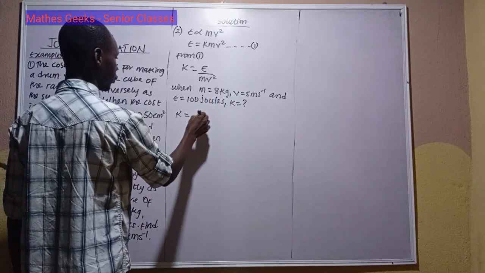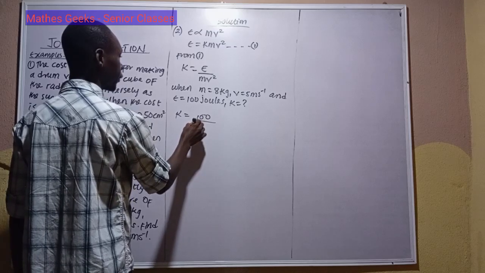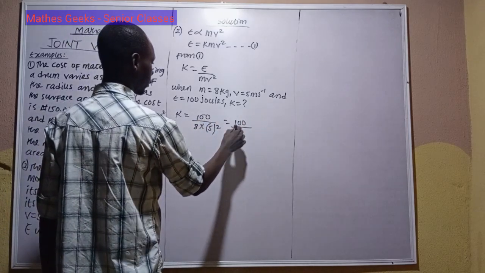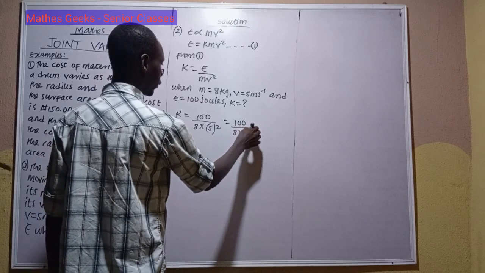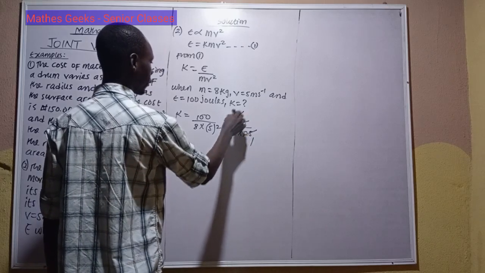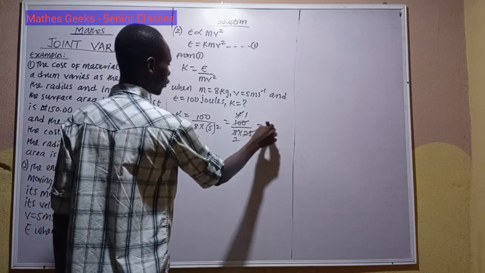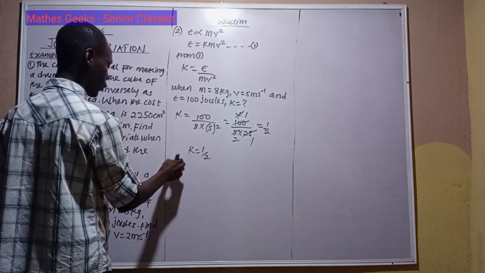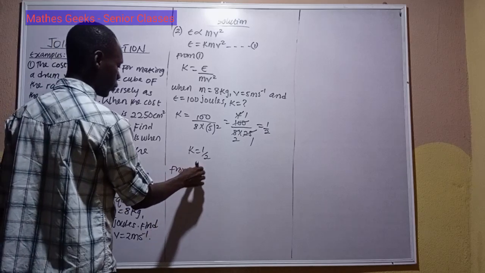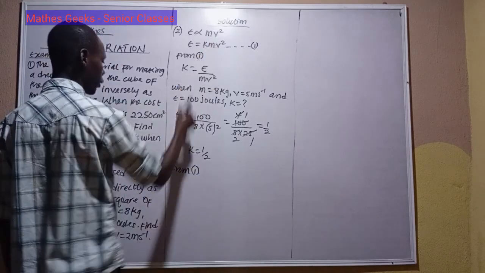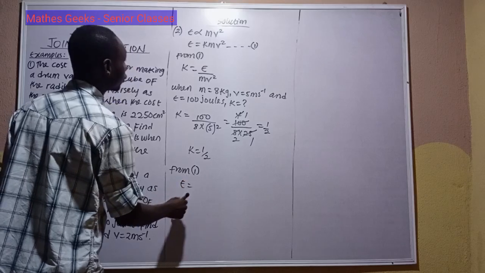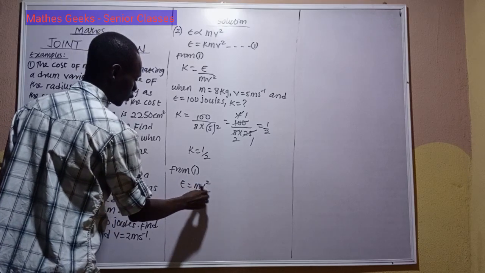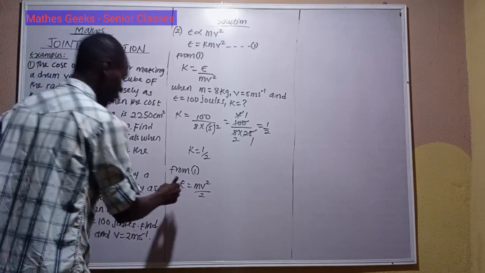Q is equal to 100 over 8 times 5 squared, 100 over 8 times 25. Here 1 into 4, here 1 into 2, it's equal to 1 over 2. So Q is equal to 1 over 2. From equation 1, E is equal to m v squared over 2.